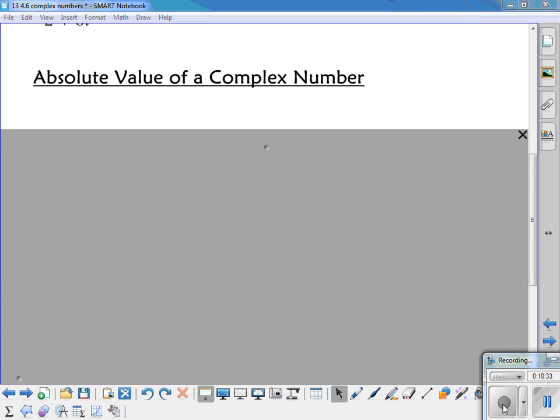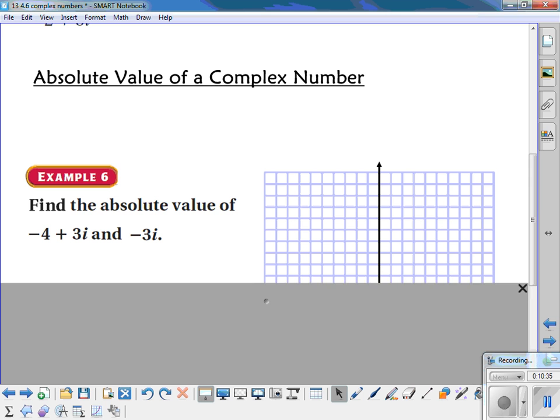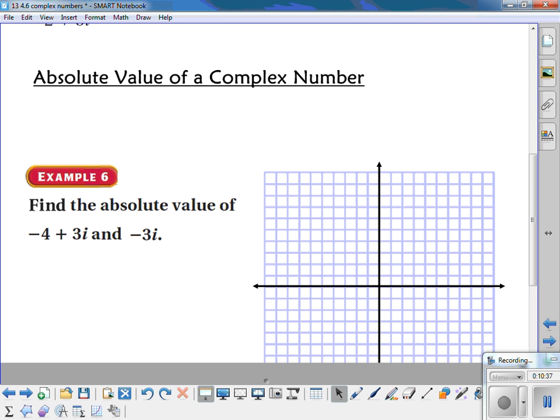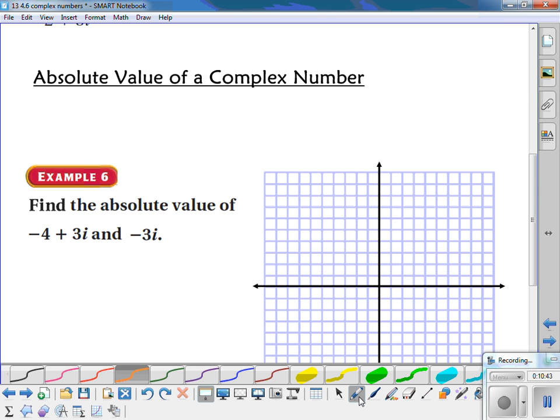All right, so now here's how we're going to use it. We're going to use that graph to figure out the absolute value of a complex number. All that the absolute value is, is the distance. Think about just regular real numbers. When I take the absolute value of -5, where did that come from?